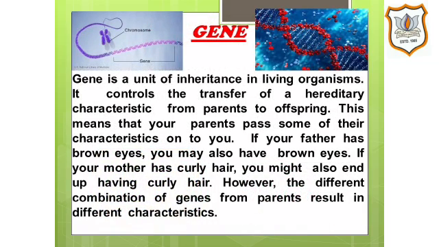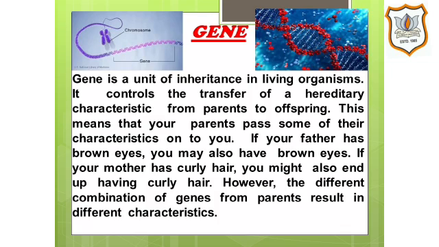Before we end the discussion on nucleus, it will be good to say a few words about genes, which are held on the chromosomes present in the nucleus of a cell. Gene is a unit of inheritance in living organisms, which is transferred from a parent to offspring during reproduction and determines some characteristic features of the offspring.